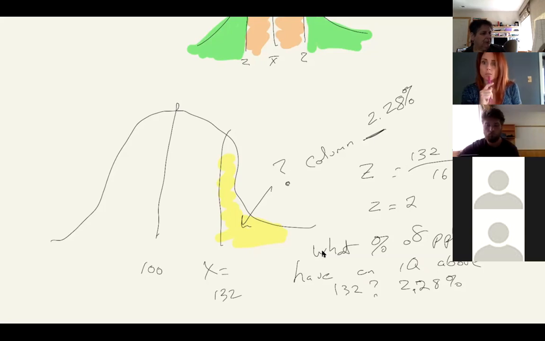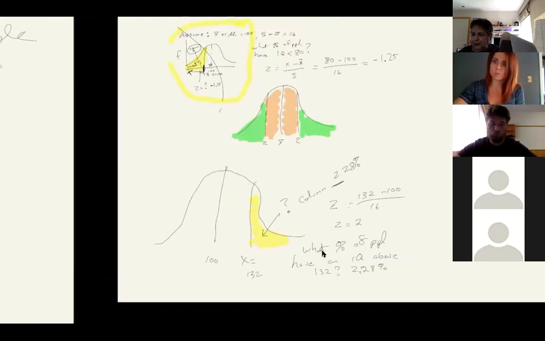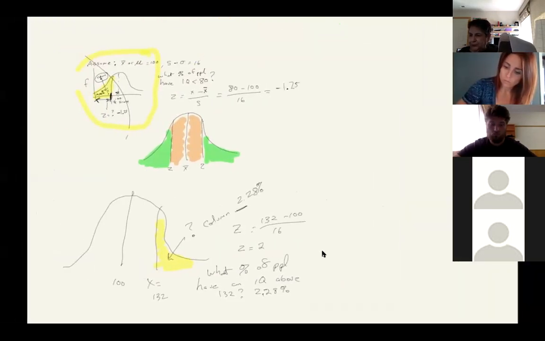Now that we've done one like that, let's do another one just like it. What percentage of people have an IQ above 125? We're just repeating the same skill. I'm going to put it right next to it.